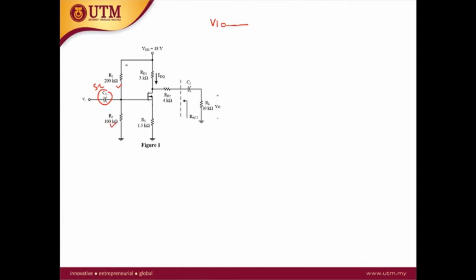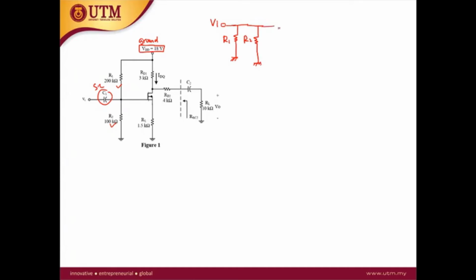So R1 and R2, here the VDD will become the ground. So R1 and R2 will be in parallel. So this is R1, and we also have R2.